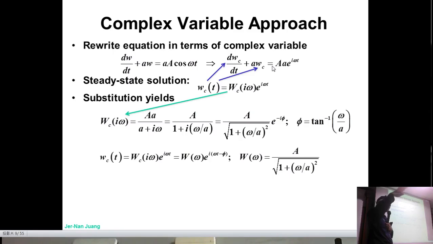The complex variable is really just for mathematical sense. There's not really a physical meaning for that. So this is why I introduced the complex variable here in the control class. All the differential equations are really solved by the complex approach. Okay, I will take a 10 minute break now.